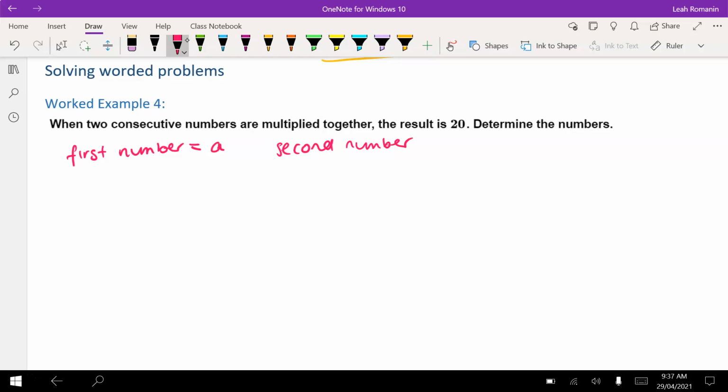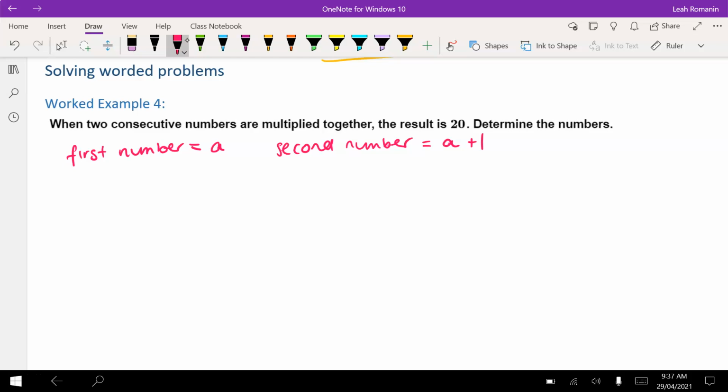I need to write my second number using my letter of the first number. So say, for example, my first number was 4. Right, good. I add 1 to get my consecutive number. So my second number is going to be A plus 1.